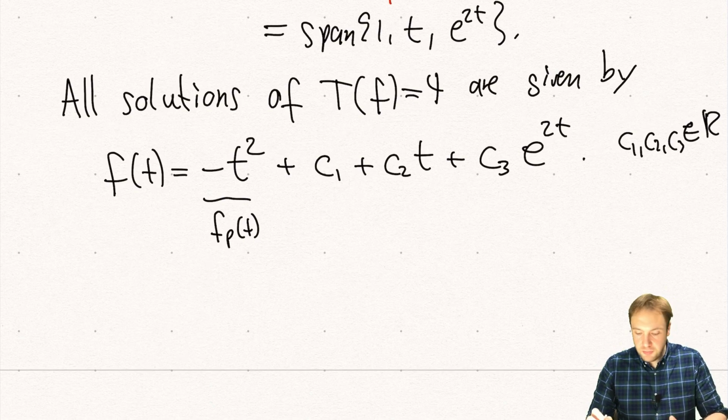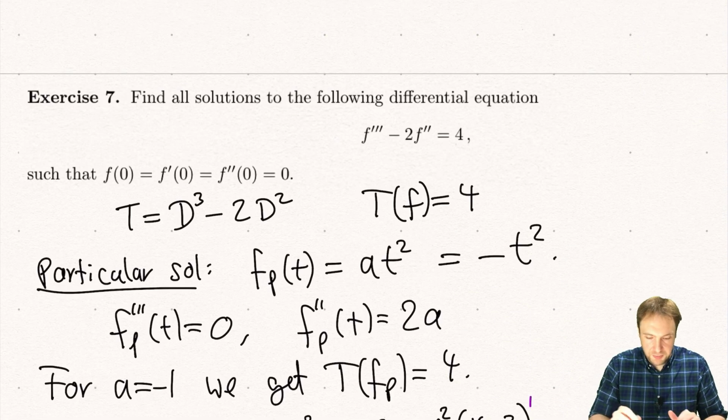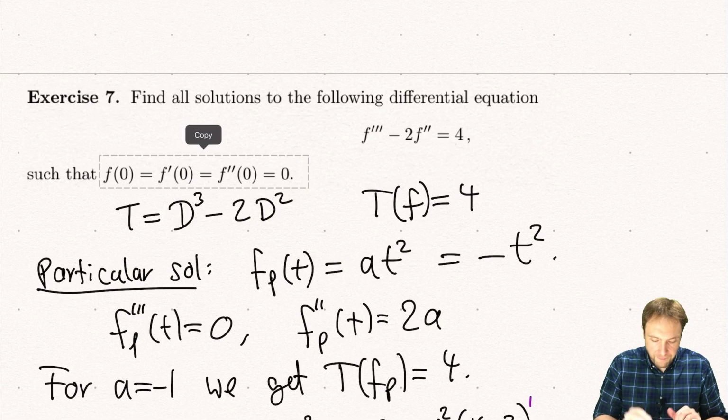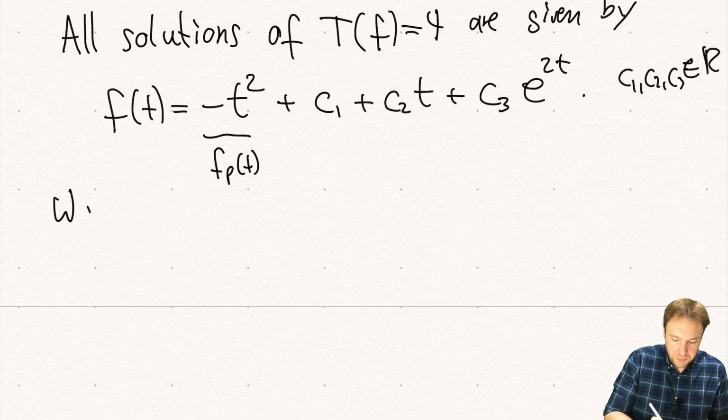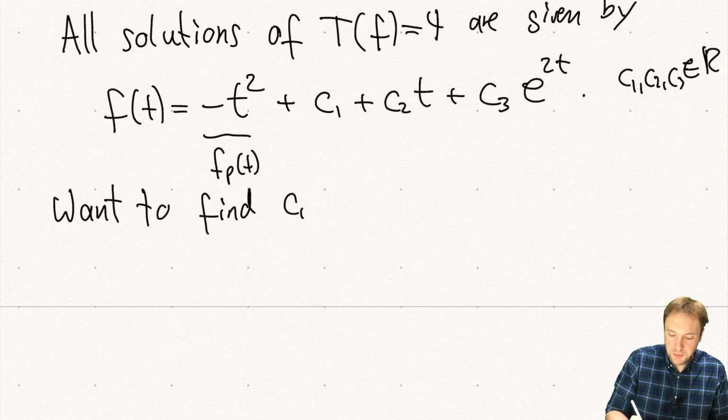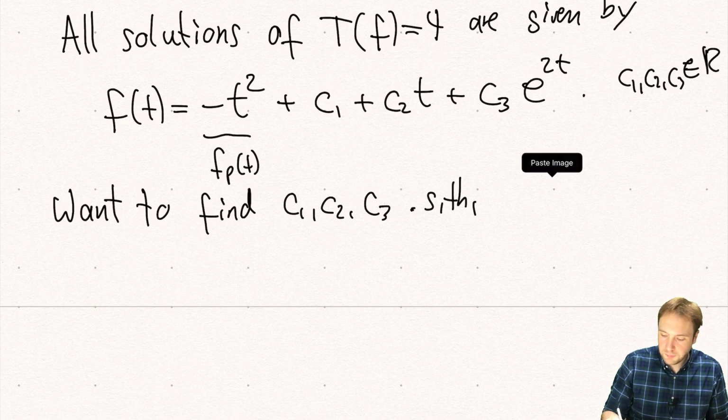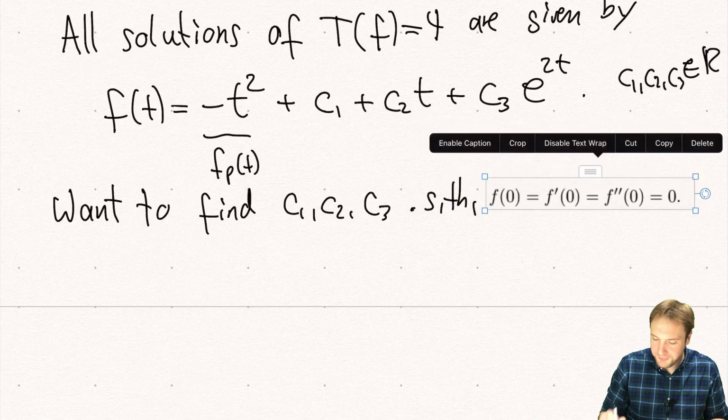Okay, but now let's go back to the initial condition. We want to find c1, c2, c3 such that this holds.